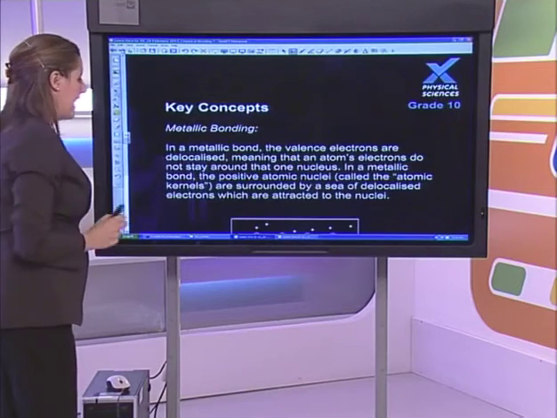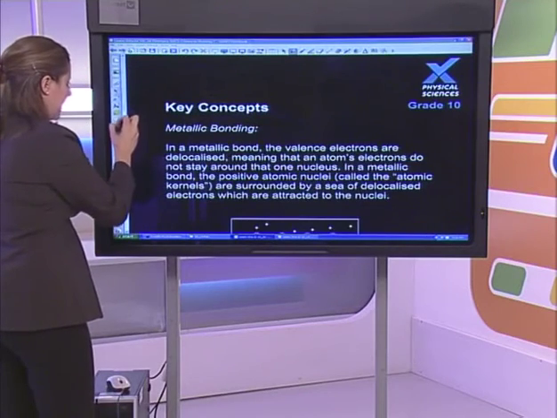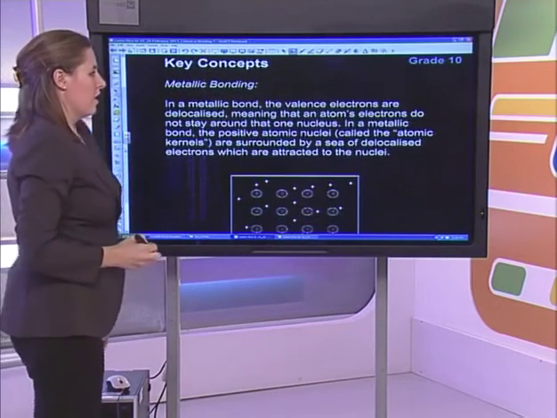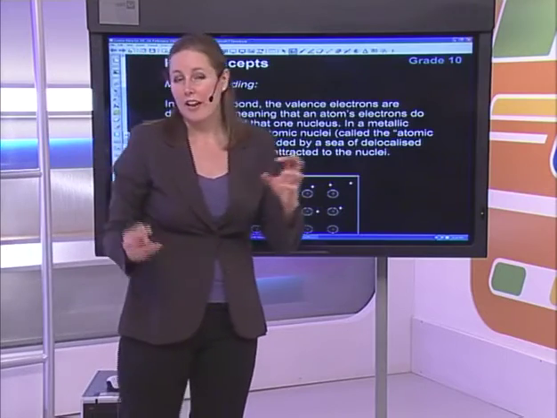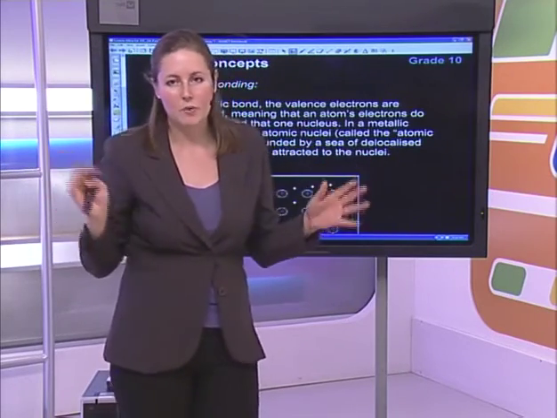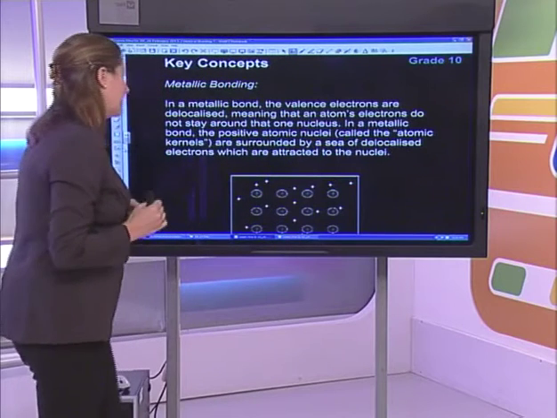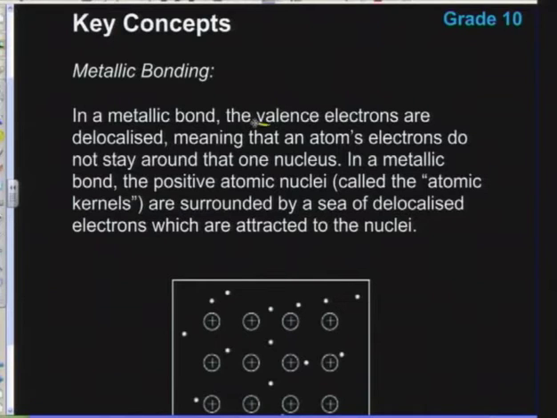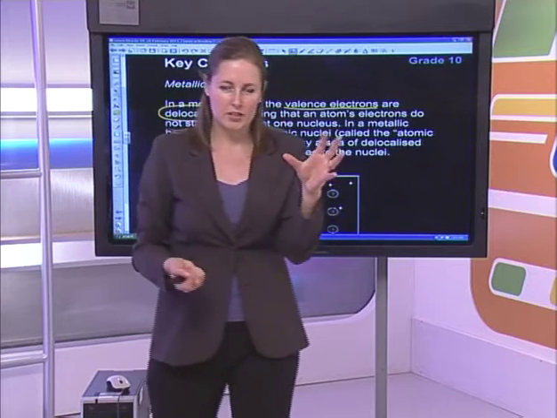Let's turn over and look at metallic bonding. Now, metallic bonding is quite different to covalent. Covalent was sharing, ionic was a transfer of electrons. Metallic is quite different from both of those. In a metallic bond, we have valence electrons that are what we call delocalized. Now, I want you to think about what the word local means.